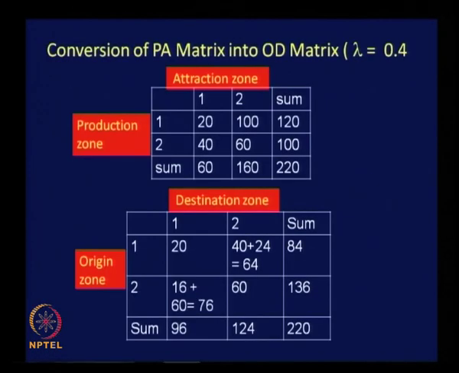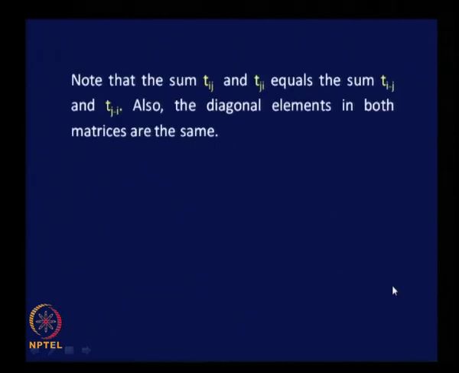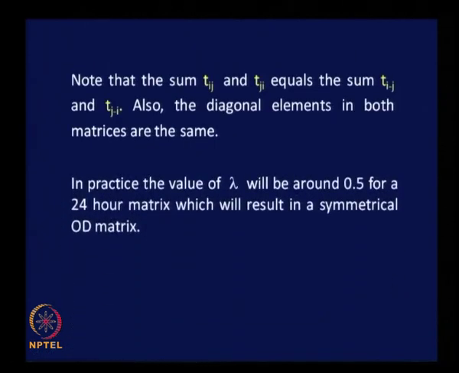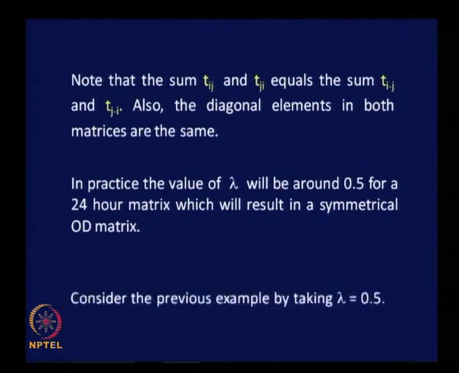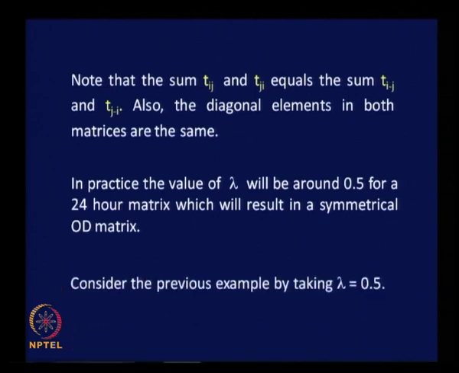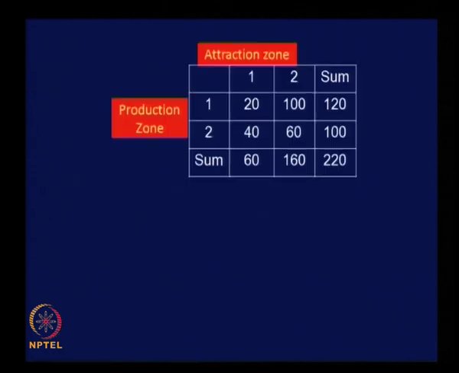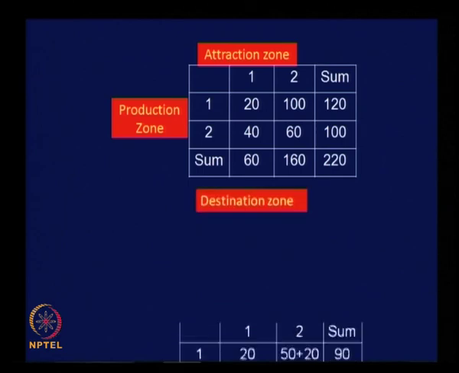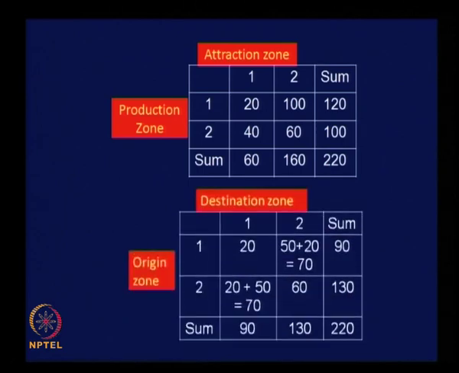If you look at the OD matrix, here it is 64, here 76, right, and let us see what happens to these cell values when we take lambda to be equal to 0.5. Consider the previous case with lambda equal to 0.5. This is the PA matrix and the OD matrix will be like this.